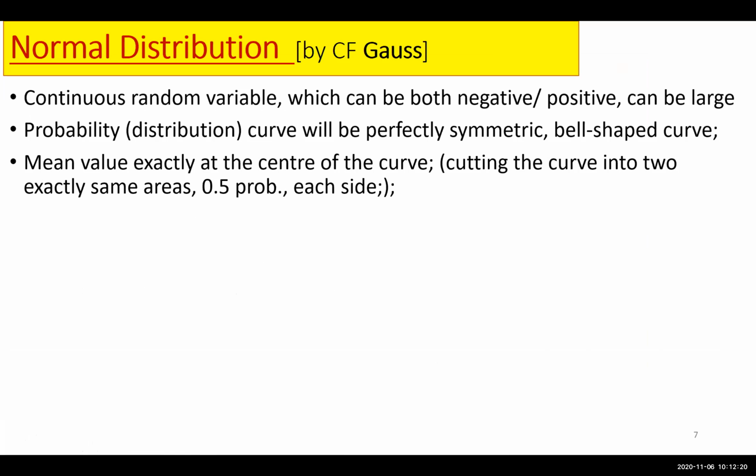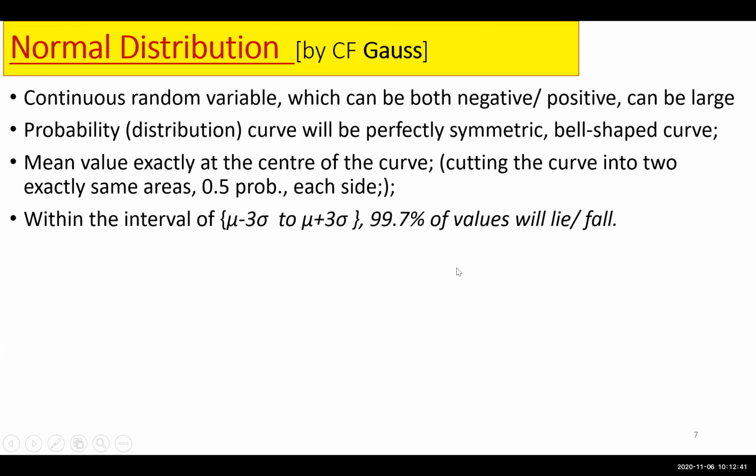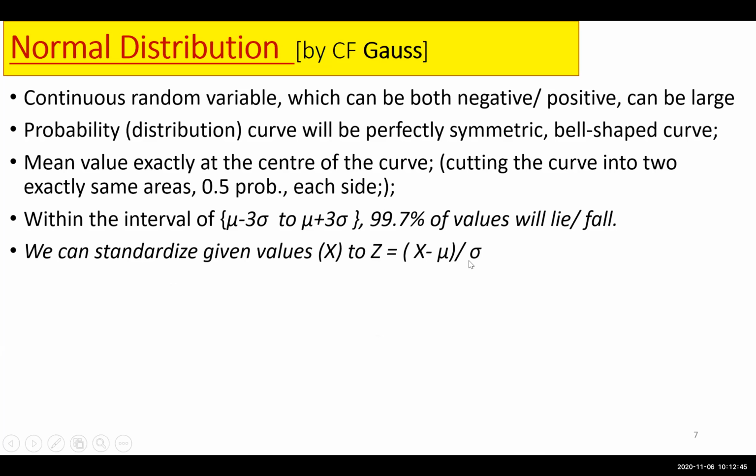At the center, the mean will come, and this will divide the entire range into 2 equal portions. If the total probability, the total area, is 1, the left side of the mean will be 0.5, and the right side of the mean will also be 0.5. Now this I'll be discussing a bit later.